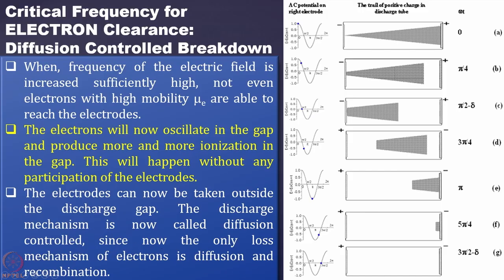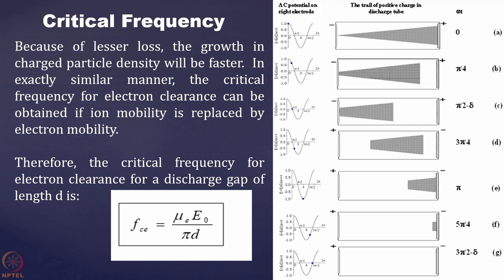Diffusion and recombination are the loss mechanisms, and that forms basically a pure plasma, which can be used for many processing works where you require a very pure form of plasma. Okay, so the critical frequency for electron clearance comes in a similar way, and we get the same expression we obtained for the ions; we just replace the mobility of the ions by the mobility of the electrons.